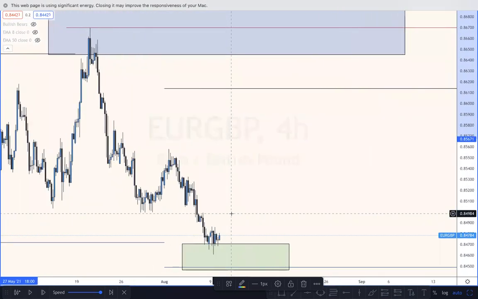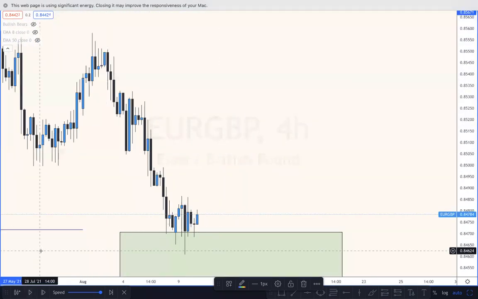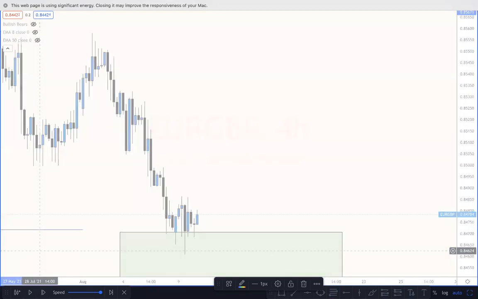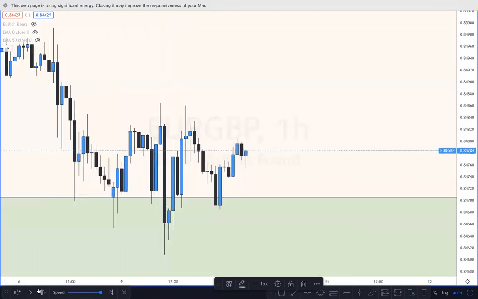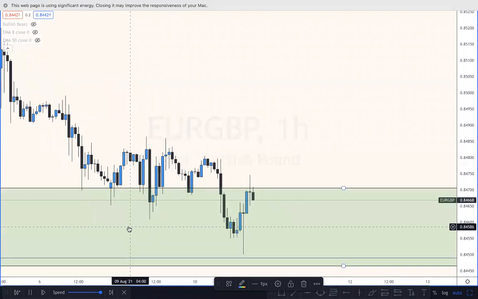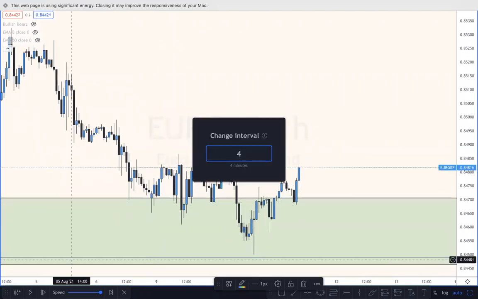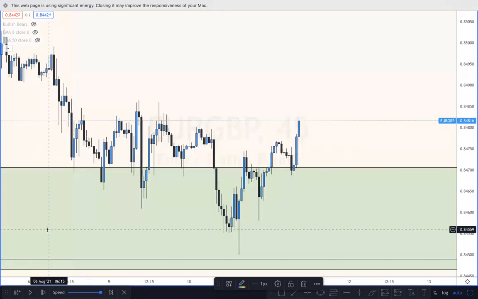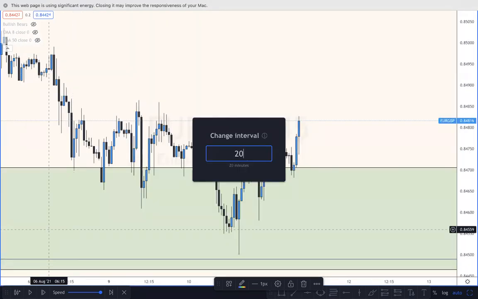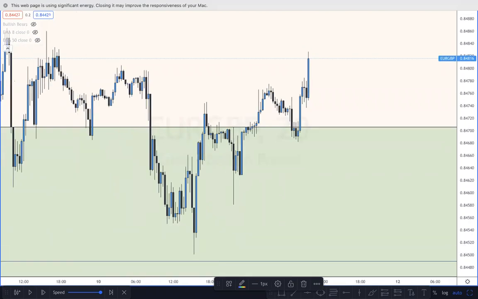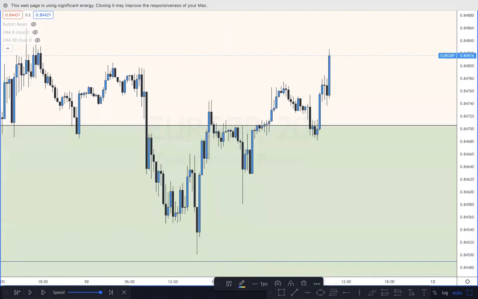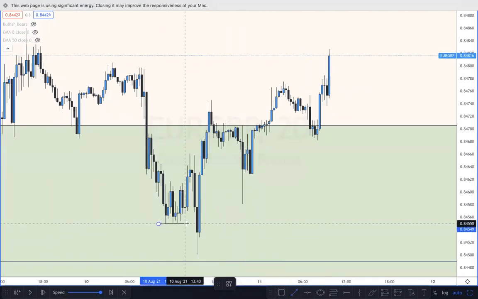Now, here, let's see what we're going to have. Let's go down to 1 hour. Let's go to 45. 30. Let's go 20. What happened here? Liquidity grab.